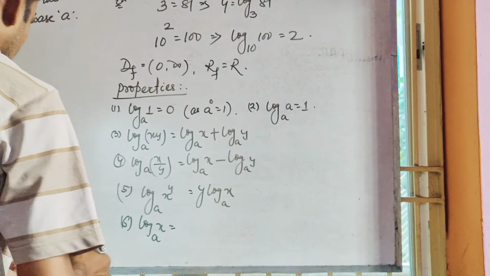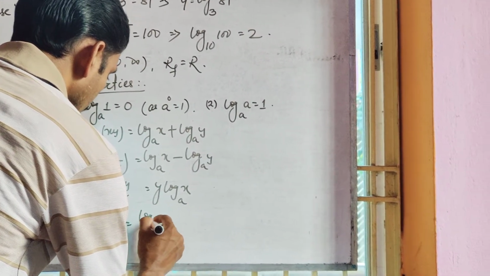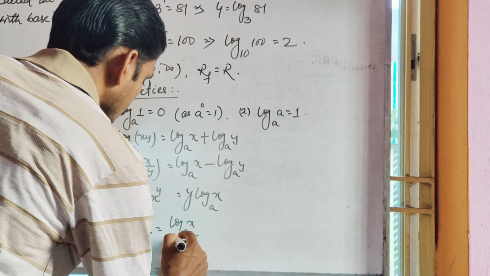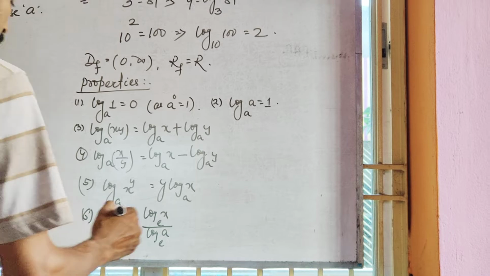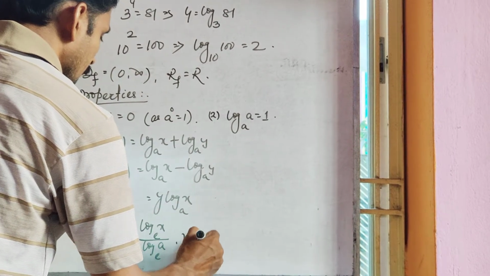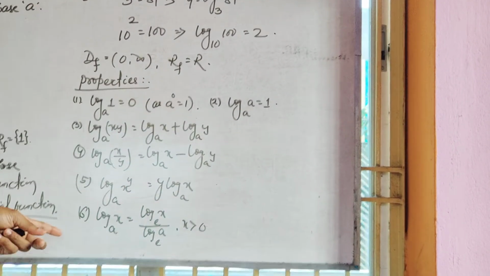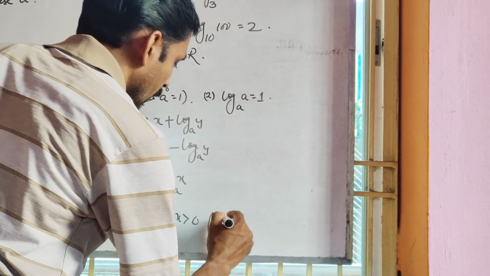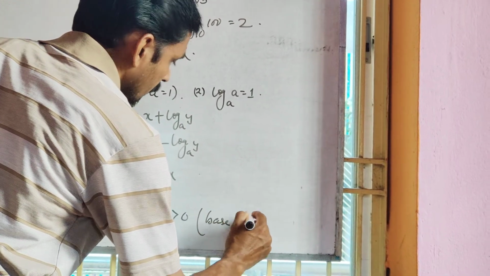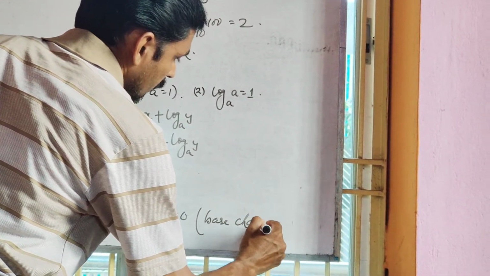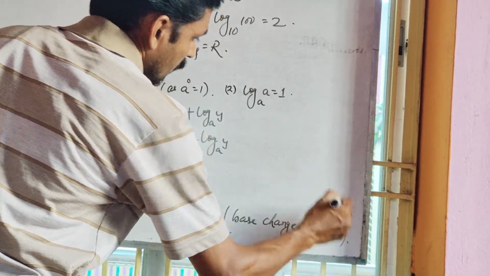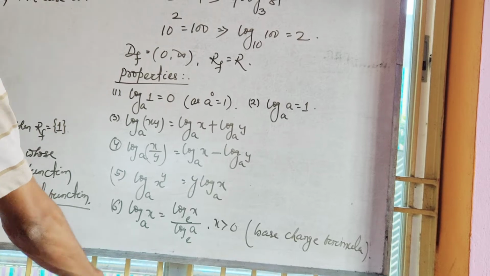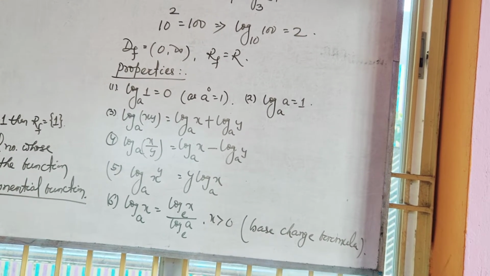So there you can write it as log e x by log e a, where x is always greater than 0. This is called the base change formula. This formula is known as the base change formula.